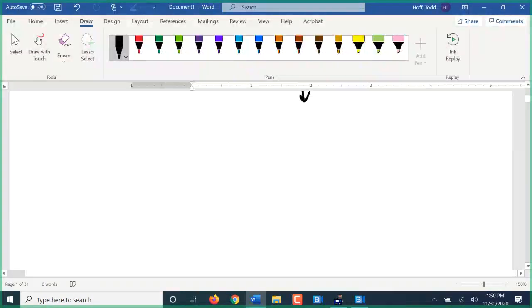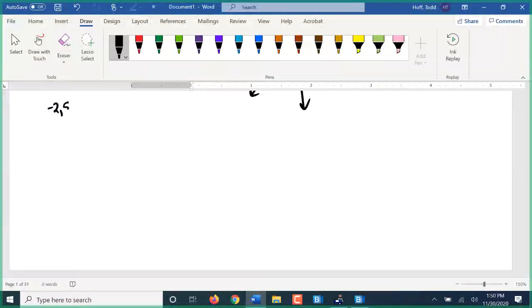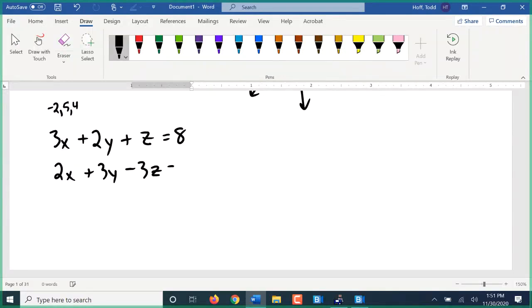Let's create a system here. So we're going to have 3x plus 2y plus z equals 8. 2x plus 3y minus 3z equals -1. 5x plus 2y plus 2z is 8.